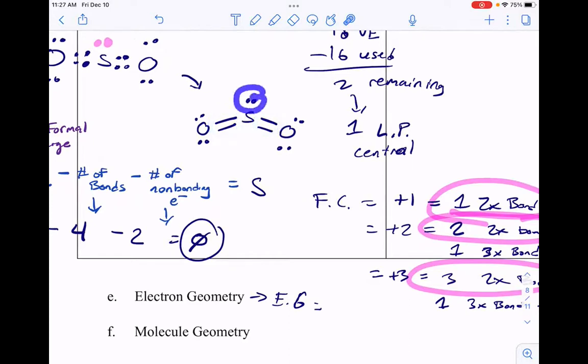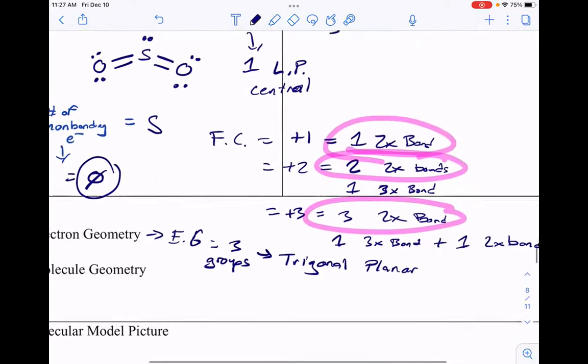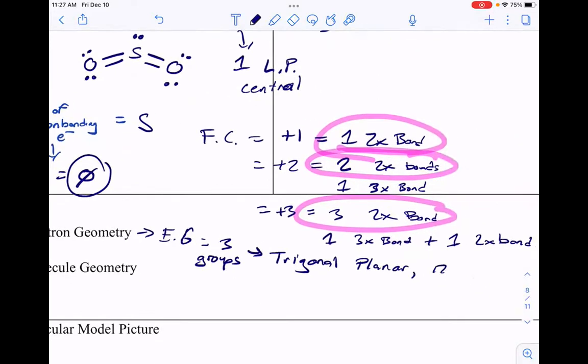And so here I have 1, 2, 3 groups. So 3 groups is trigonal planar, and the bond angle is 120.